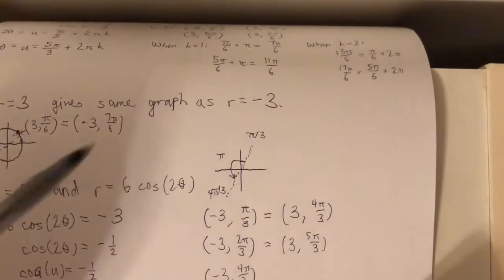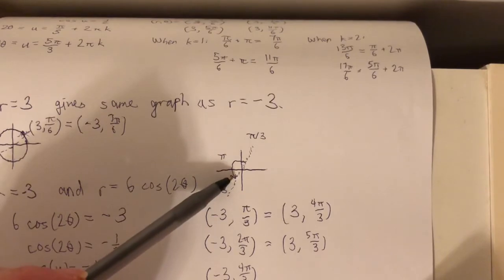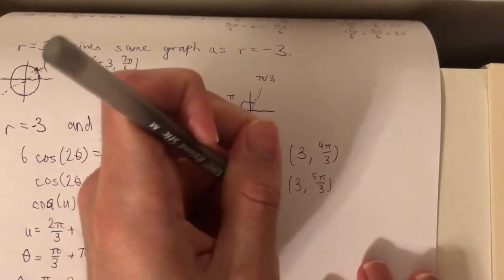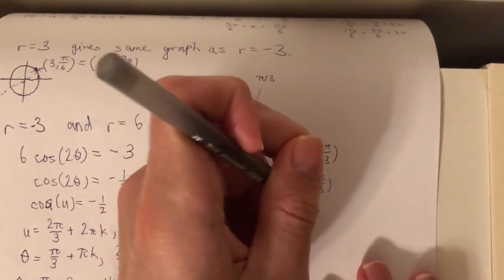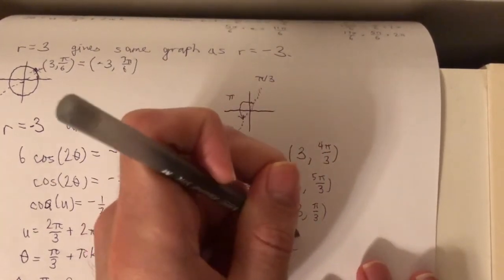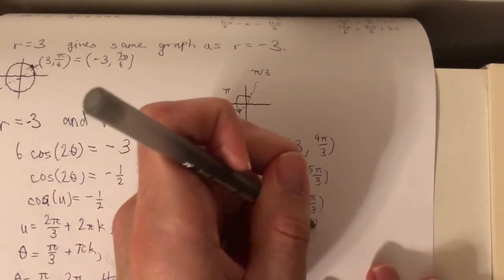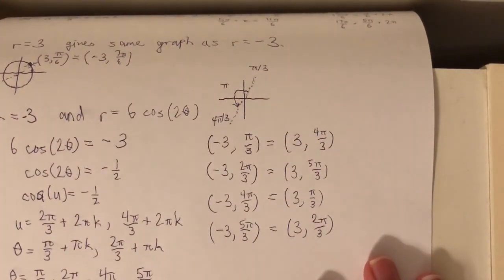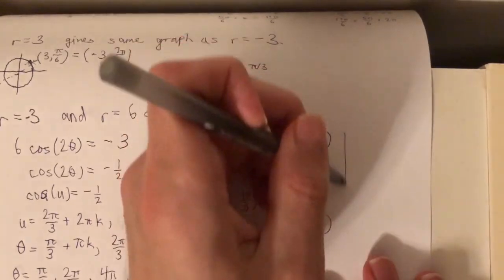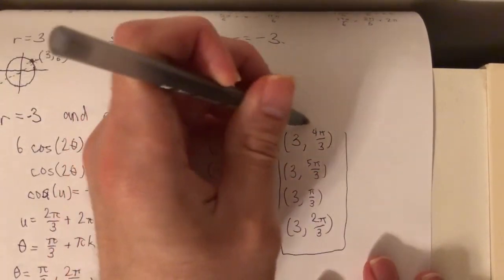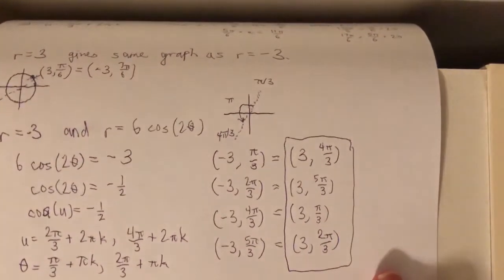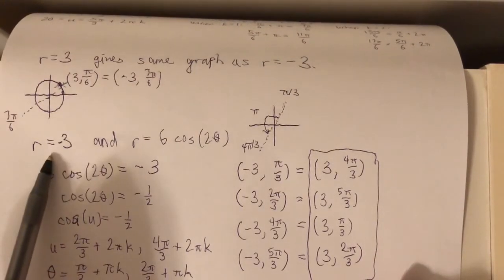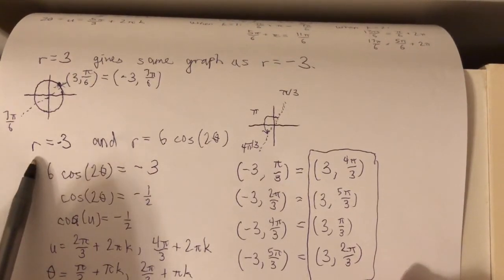If I consider 4π/3, I can subtract π to get the opposite angle: (3, π/3) and (3, 2π/3). So this is how we get the other 4 intersection points. We have to change our point of view, and we have to think of the circle r equals 3 as r equals negative 3.